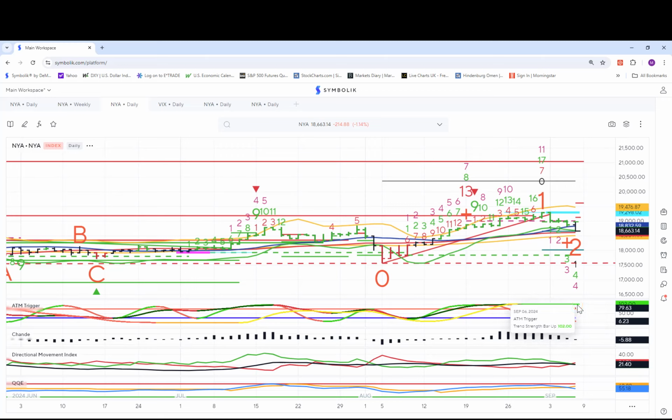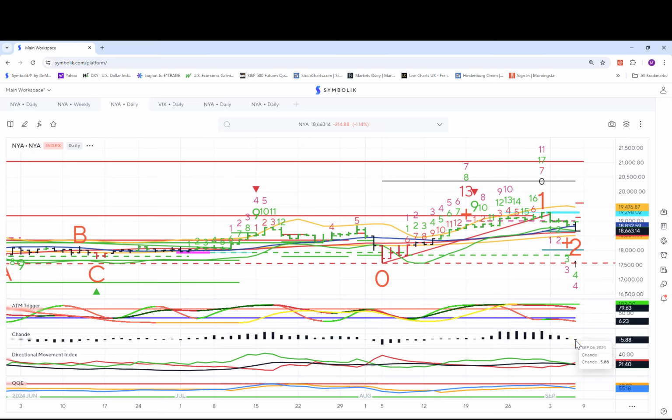So the pressure is here, the trend strength bar up, so there's really no indication as of yet for the pressure to start heading down. Although like zigzag, that has to be very close to doing so after this mini downtrend.